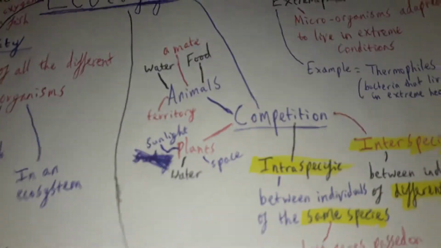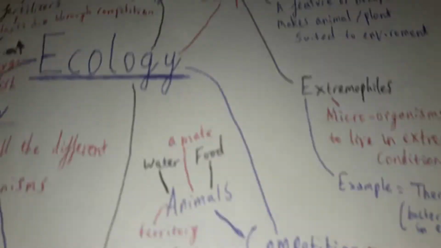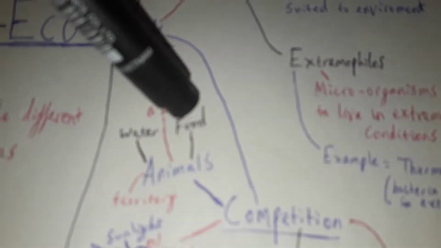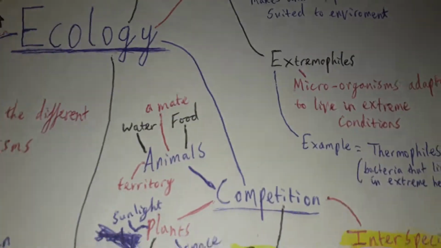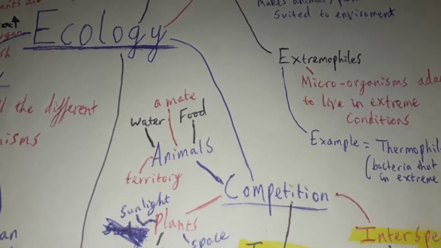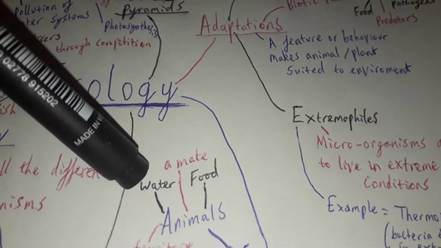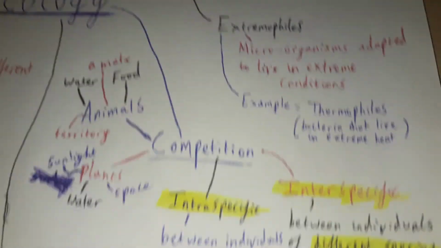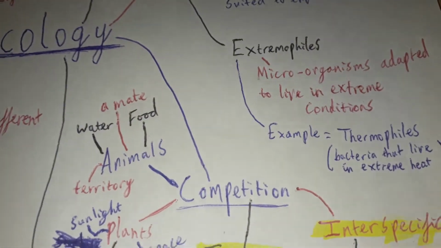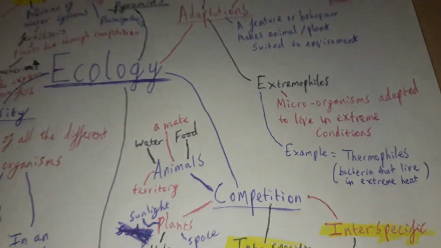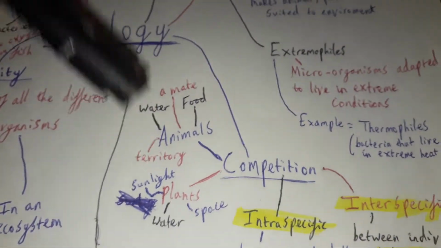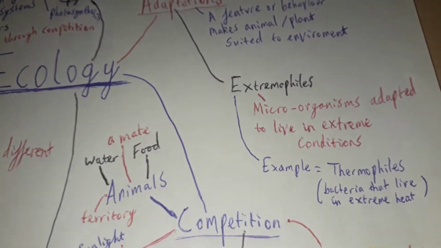Let's look at things that there's competition for in animals and plants. In animals, there's competition for food, because animals are always going to try and hunt certain foods, and some animals will get them, some animals won't. If you think about it, they're also competing for others not to catch them, and the others are trying not to be food, and they're trying to get the food, which is interesting.